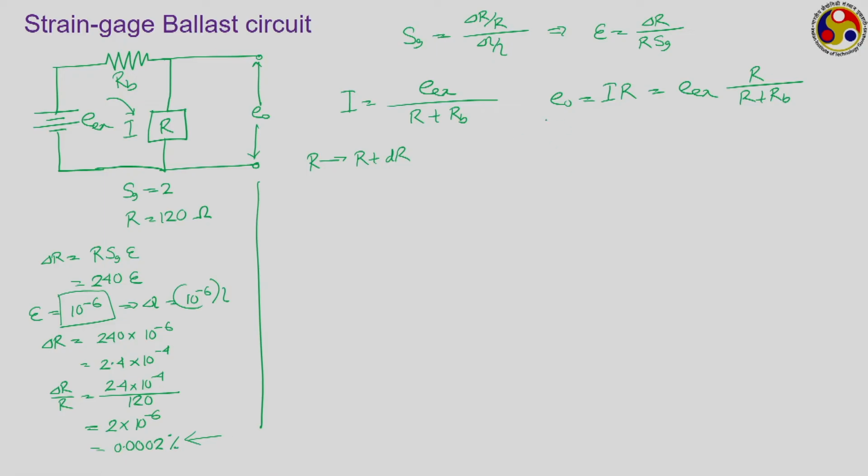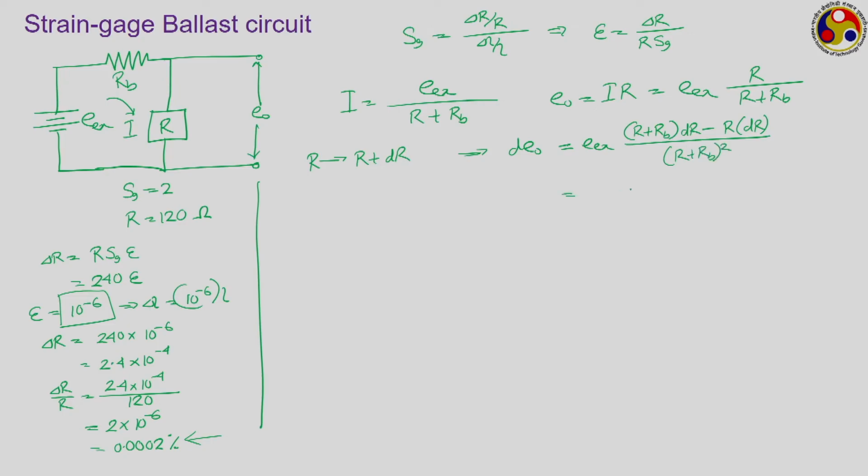If we differentiate this particular equation on both sides, then we have dE naught is equal to Ex, and Rb both are constant because they are unaffected by the strain. The only thing that is changing is R by this amount dr. So, it will be equal to Ex into, we can perform the differentiation the normal way, the denominator into differentiation of the numerator minus numerator into the differentiation of the denominator, Rb being constant, we have R plus Rb whole square.